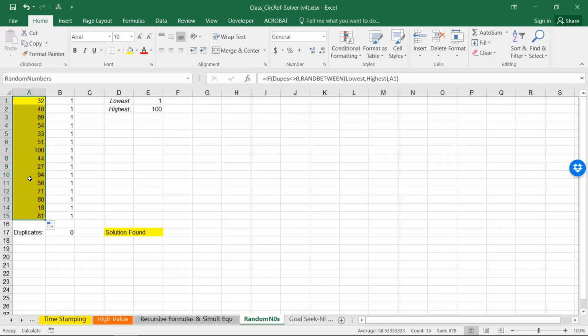And it keeps iterating new numbers until duplicates is 0. We have a random selection between the lowest and the highest number here. We could redo this, or if we have a tighter constraint or we want more numbers, we may have to hit F9 a couple of times before we get over that 100 iterations to have it be true.